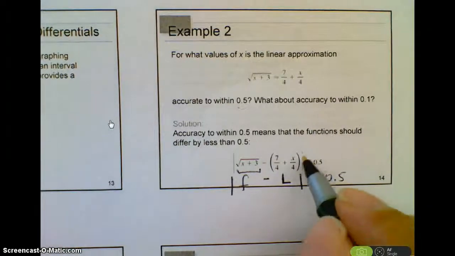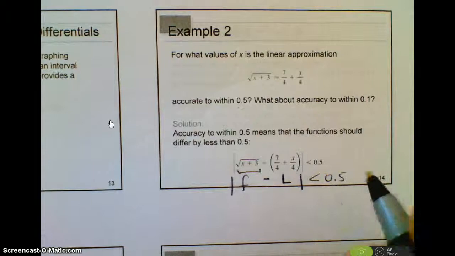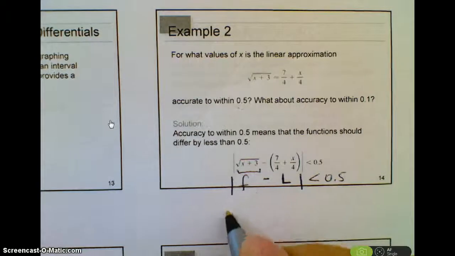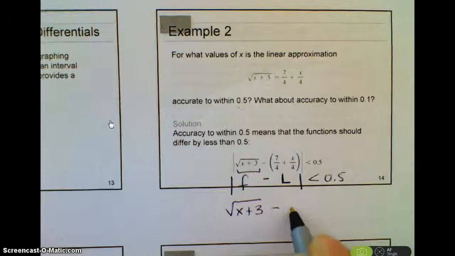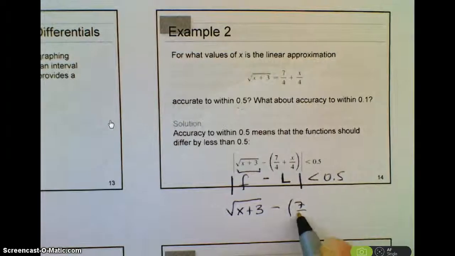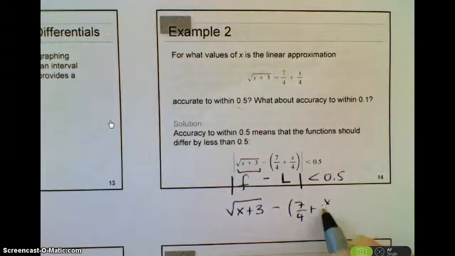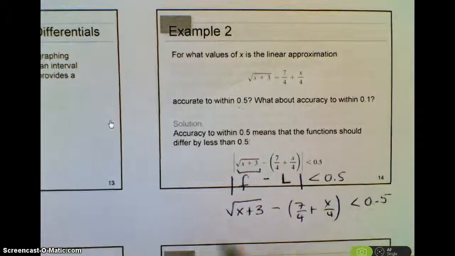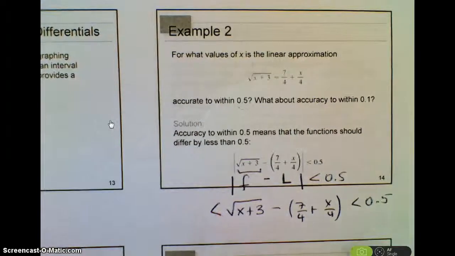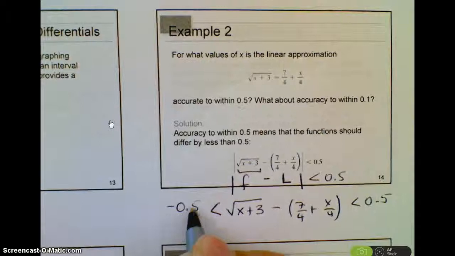So you know that an absolute value inequality can split up into two inequalities, in which what I had at the center still stays there, and then less than 0.5 and greater than the opposite of 0.5, which is negative 0.5.